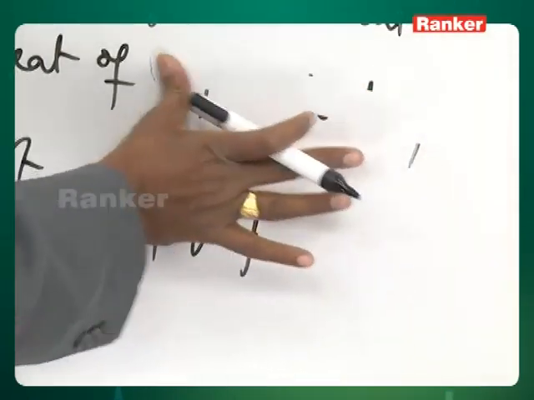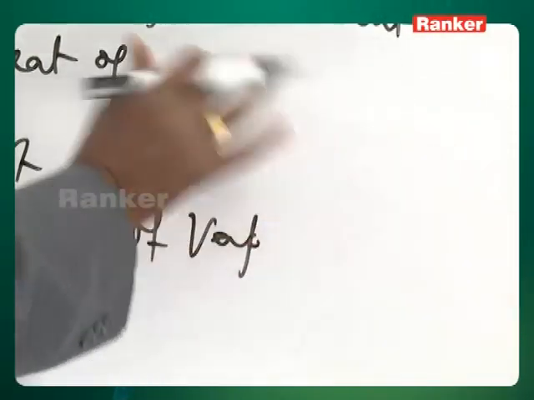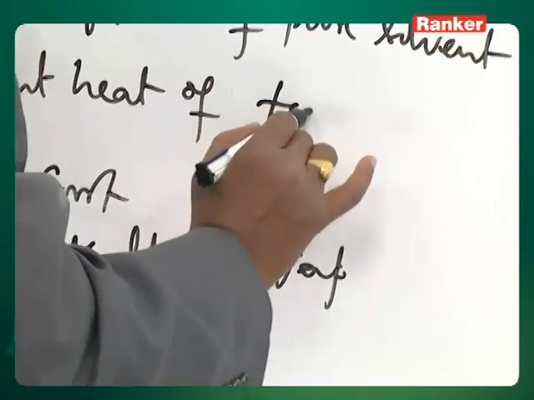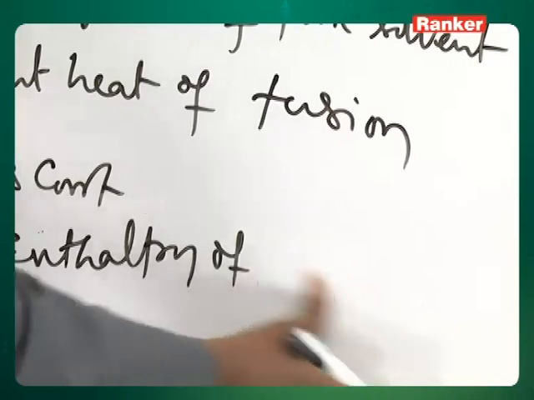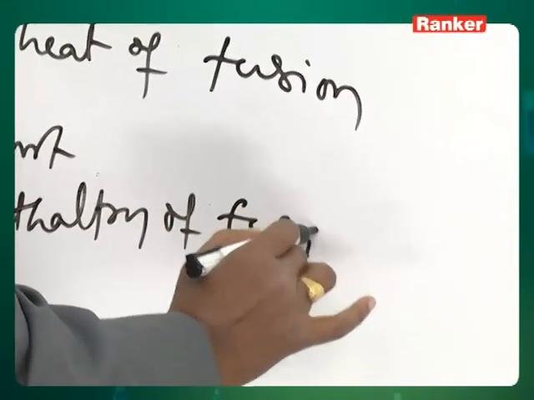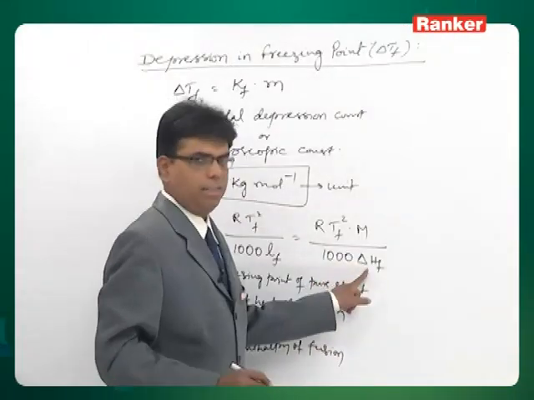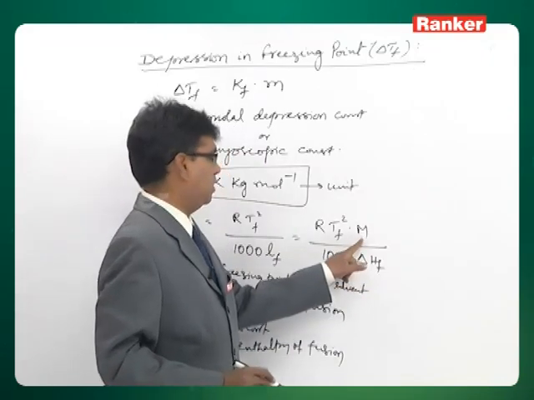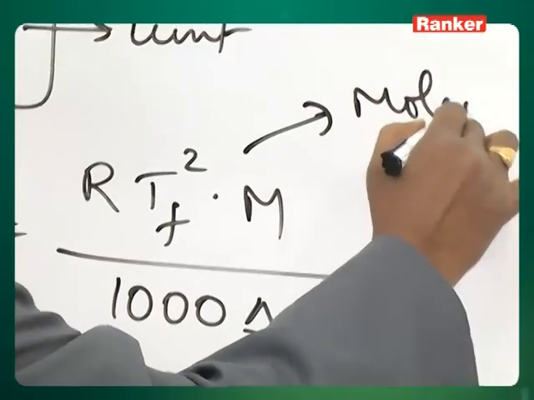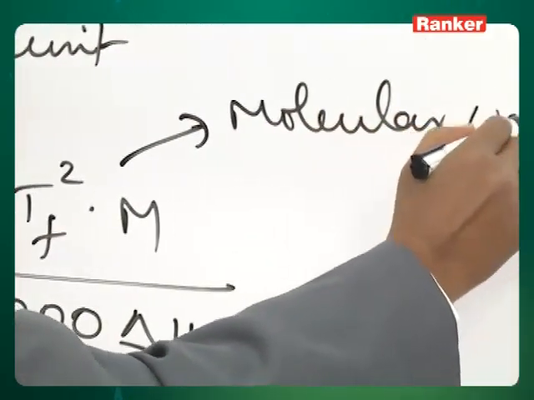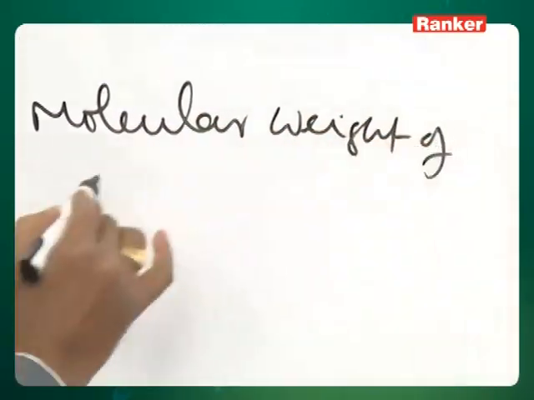This is not vaporization, that is vaporization in the case of boiling; this is latent heat of fusion, and similarly here it is enthalpy of fusion, delta HF, and this M is the molecular weight of the solvent.